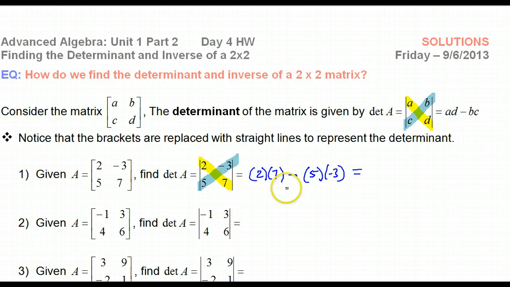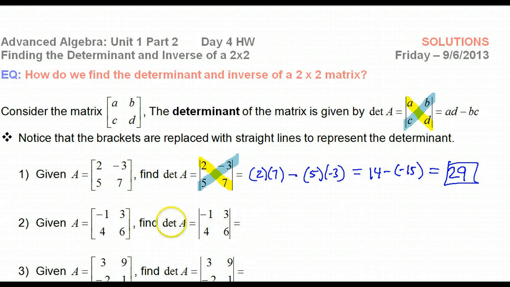So obviously that would be 14 minus negative 15. And you know that minus a negative is addition. So this is going to be 29. And that is how you find the determinant of a matrix.